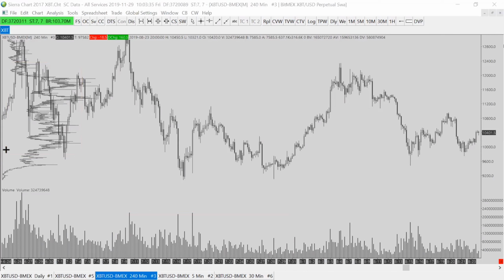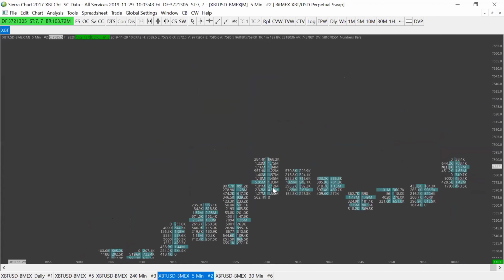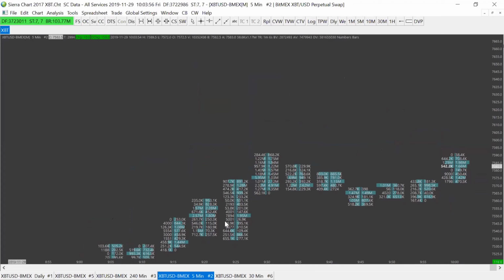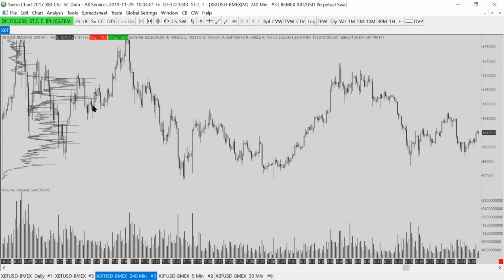It's a little bit like the footprint, in that it records exactly how much volume transacted at each price over a specified period of time. But instead of displaying it in bars like this, in this case 5-minute bars, this is a composite profile, and it just displays how much volume transacted at each specific price over the period of time which is visible to you here.